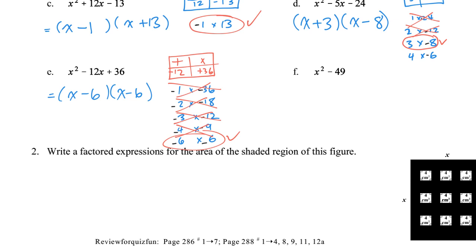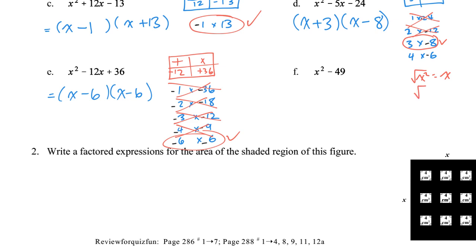All right. Now this last problem is a difference of squares. You notice how we have x squared and then we have 49. The key is to remember that when we have a difference of squares, the square root of x squared is just x, right?